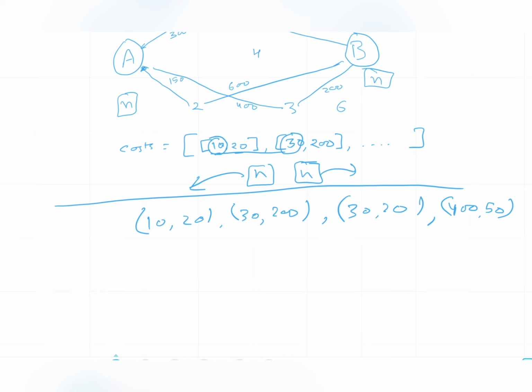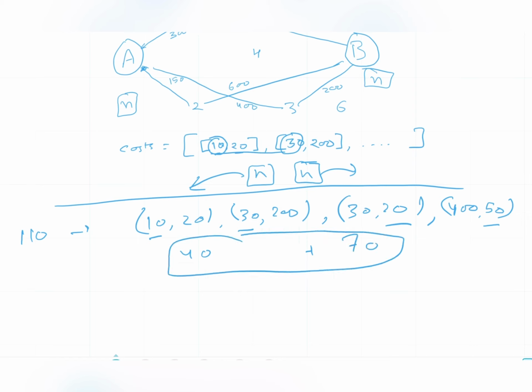If we do a sorting like this, then for the first n we will choose the first, and for the second n we will choose this. It might work, it might not work, right? Because in this case the actual answer in the example is 110, whereas we'll get 40 plus 50, 70. So in this case it works.